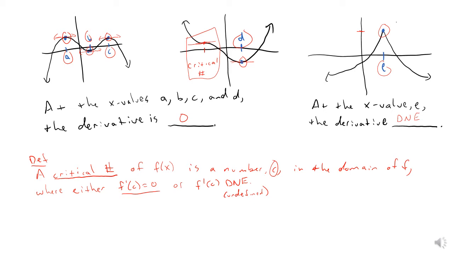So what you're going to be doing in the next few videos is you're going to see some examples of how you can find critical numbers. And then once you find critical numbers, you can use that information to find extrema. Now, the extreme value theorem is kind of a special case. You're going to start by looking at functions specifically on a closed interval.